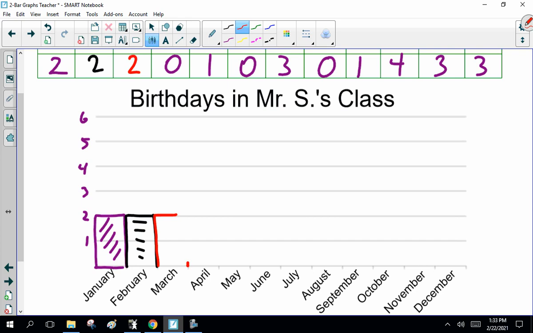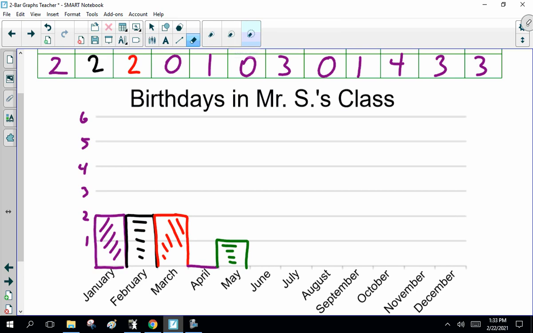Let's see if there's a tick mark right there. March. April, nothing. May is 1. June is nothing. July is 3.